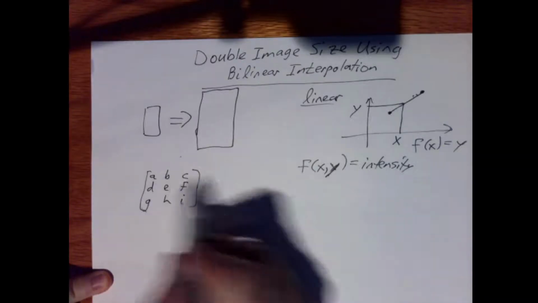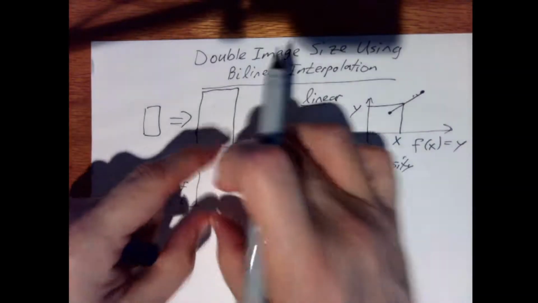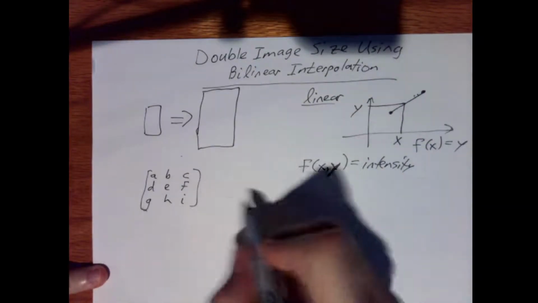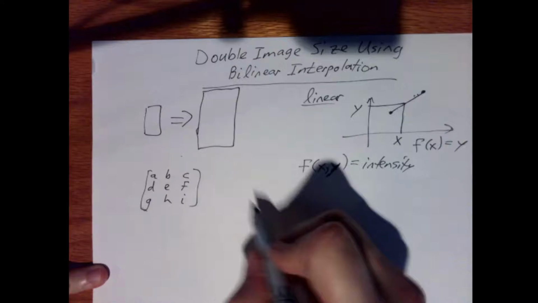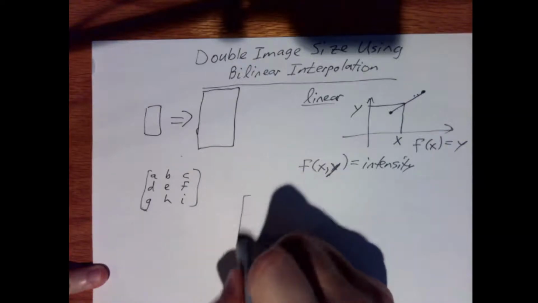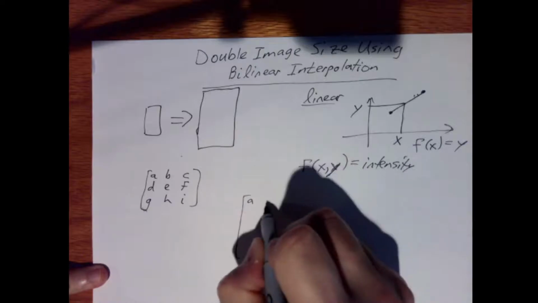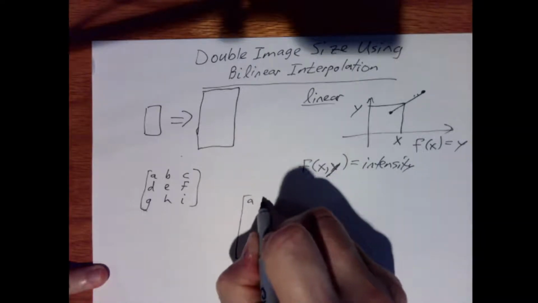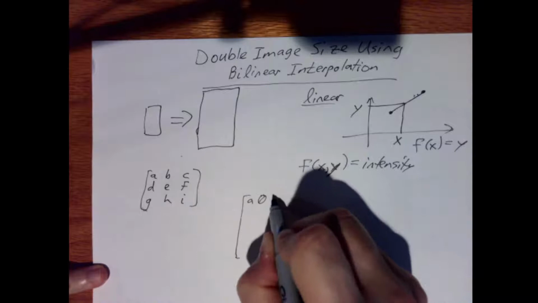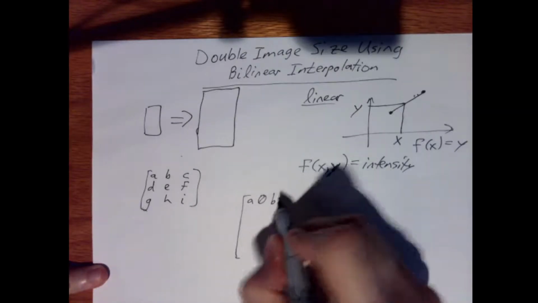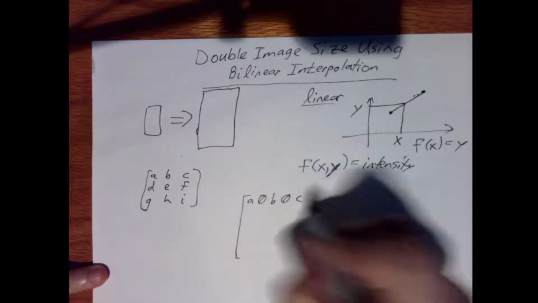What I'm going to do is take these values here and sort of spread them out. And so I'm going to start off by creating an array of all zeros and then populate it with these initial values. So I'd have A here, and then I'm going to have a 0, and then a B. Actually, it would be all zeros, but I'm overwriting some of the zeros. So that after I do that, then I would have this right here.